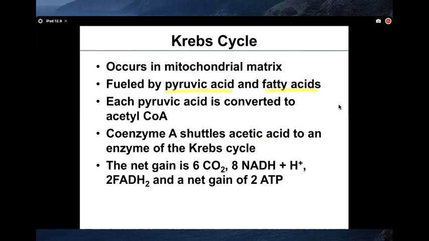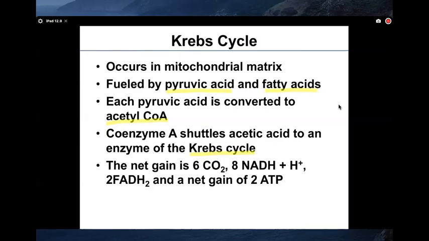Each pyruvic acid is going to be converted into acetyl-CoA, and the acetyl-CoA is going to be shuttling through the multi-enzyme cascade of reactions called the Krebs cycle.